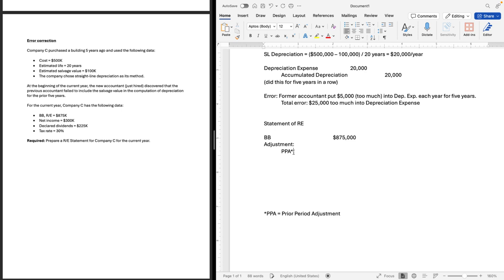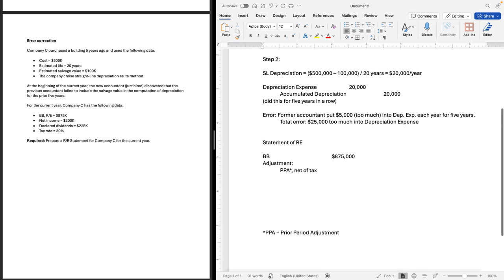Now here's where it gets a little nasty, as we talked about when I did this lesson in class. Anytime we're messing with income from a prior period, it has to be net of tax, because net income is a post-tax number, and net income is what is added to retained earnings. Therefore, when I'm messing with income from a prior period, it must be reported net of tax as the adjustment.